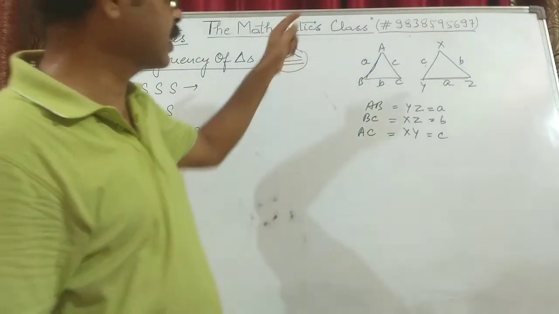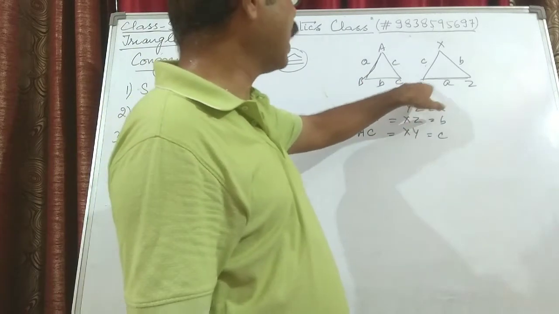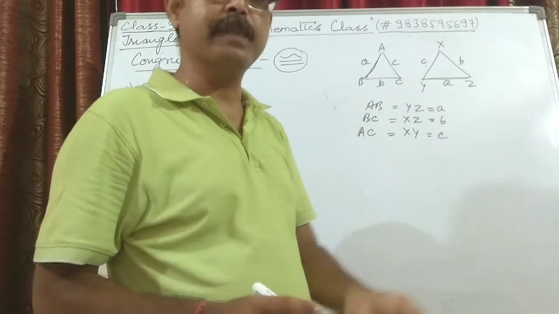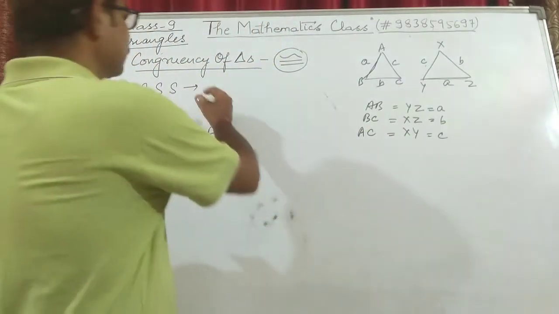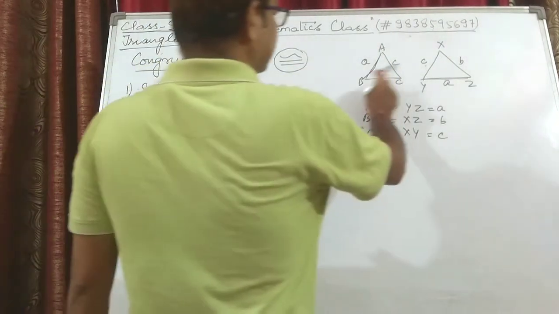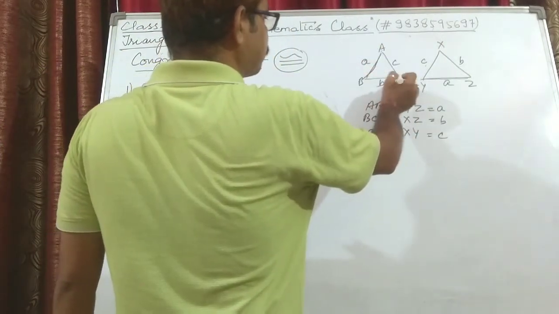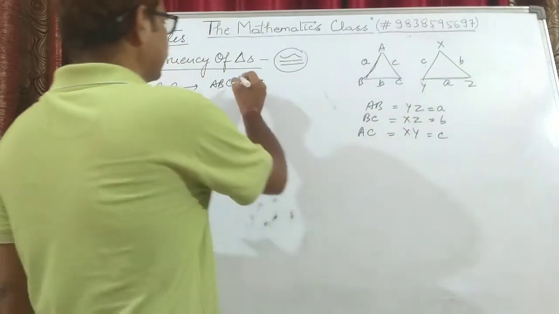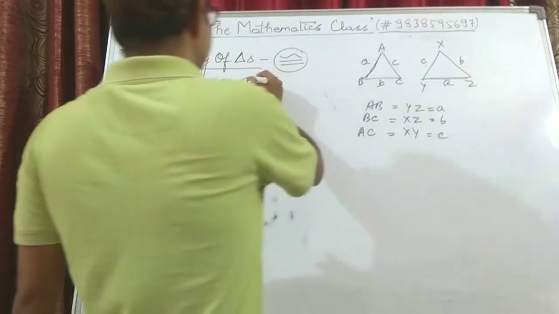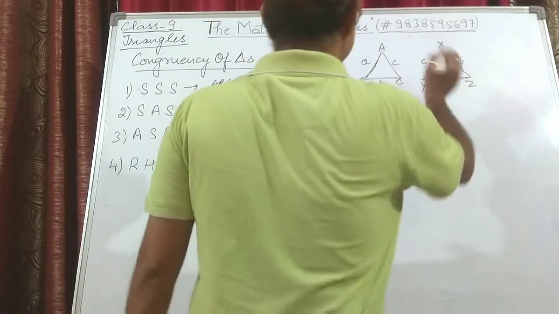Since in the first triangle all three sides are equal to all three sides of the other triangle, we can say triangle ABC is congruent to YZX. We write the congruency in the manner in which the sides occur: I started from A to B, B to C, and C to A is not written, is congruent to YZ, ZX, and XY is not written.